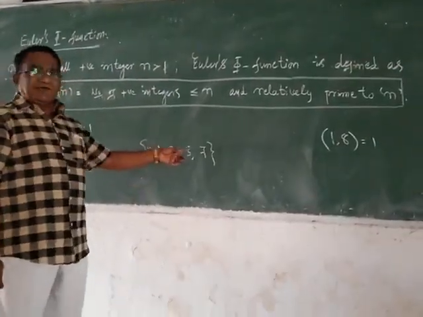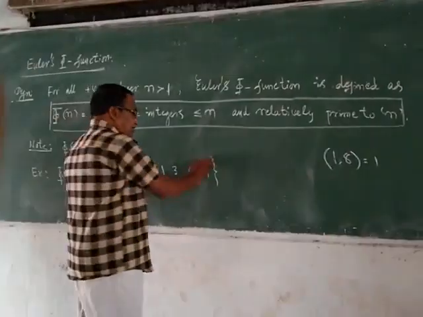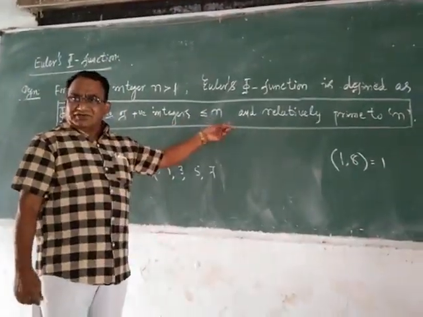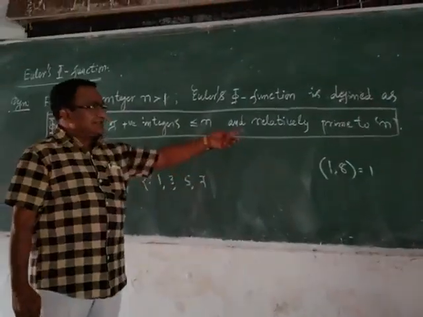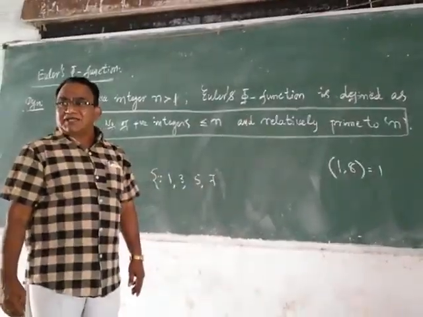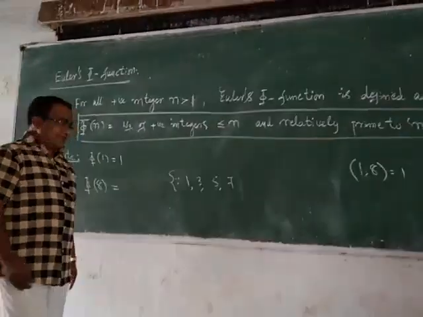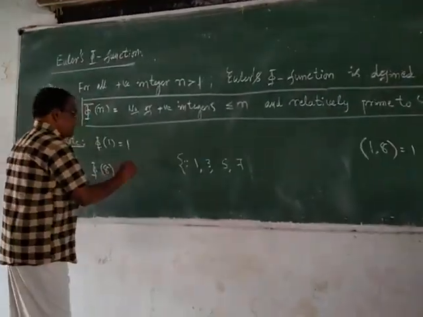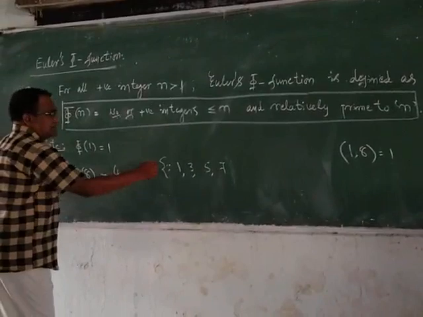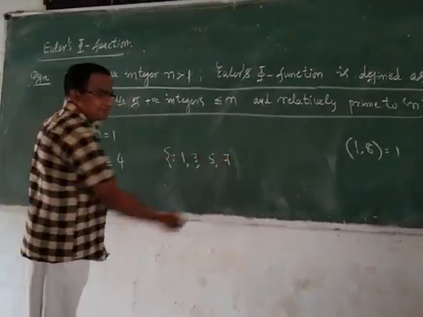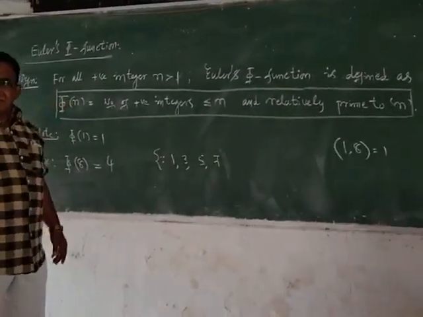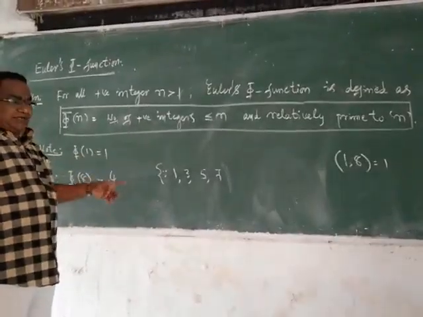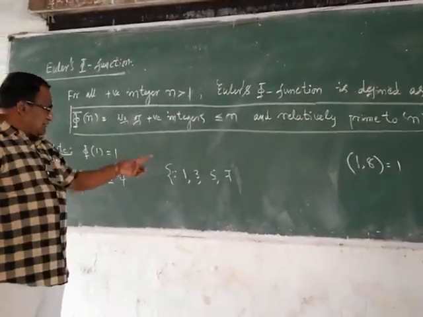So 1, 3, 5, 7 are all positive integers less than or equal to 8 and they are relatively prime to 8. What is the number of these numbers? 1, 3, 5, 7 are relatively prime to 8 and their number is 4.